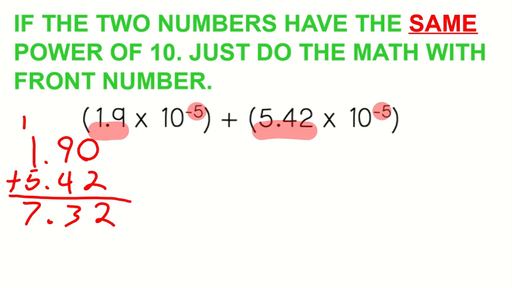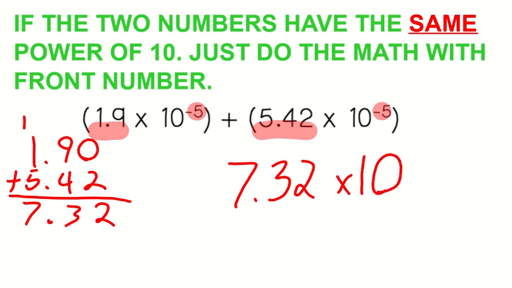Once I do that, the answer is going to be the decimal I got when I added times 10 to whatever the exponent was to start with. All right, so those are the easy ones. If the exponents are the same, you add or subtract with the decimal part, and then add times 10 to the whatever back to it.